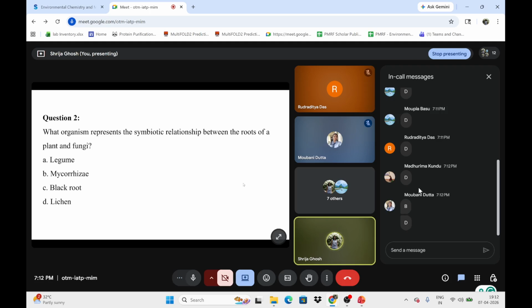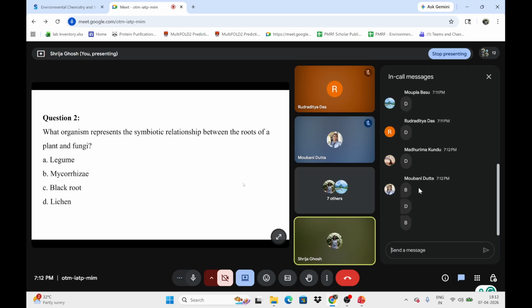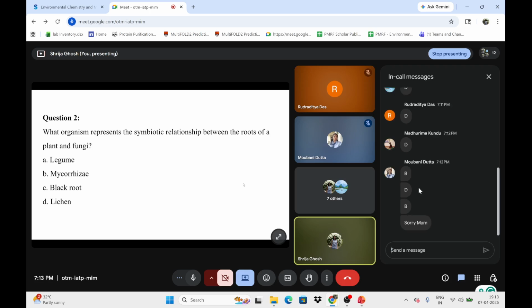All of you are saying option D, lichen. Are you sure about it? Mubani wrote option B and then changed her answer to option D. Anyone else wants to answer? It's plant and fungi. Anyone else wants to take a guess?